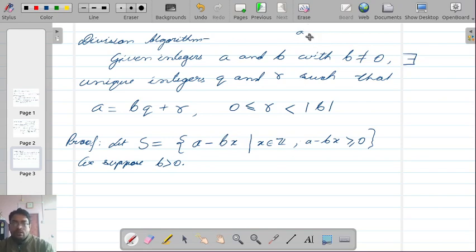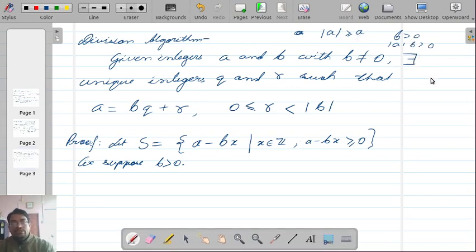One thing that we can observe is this modulus. You have studied about modulus. Modulus of a is always greater than or equal to a, right? And since b is greater than 0, modulus of a into b is also greater than or equal to 0, right?